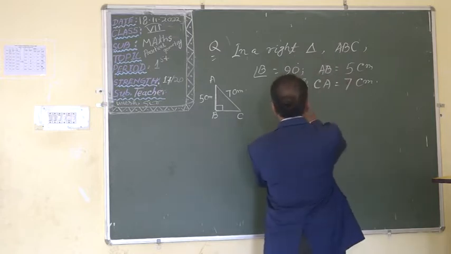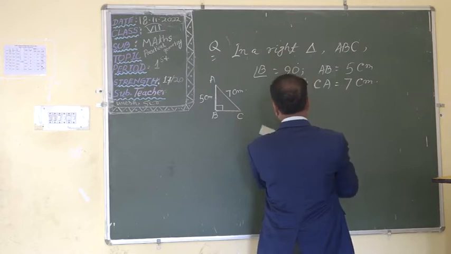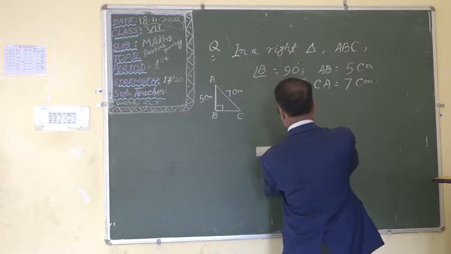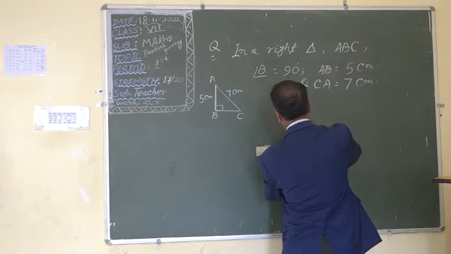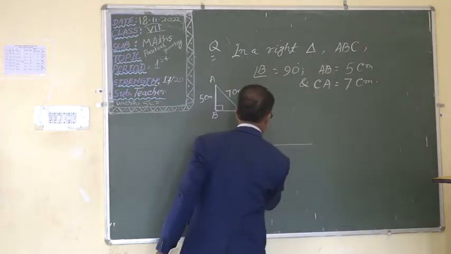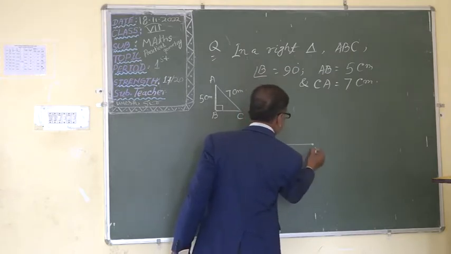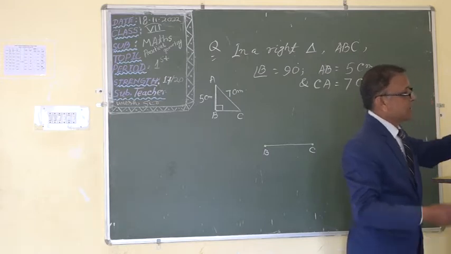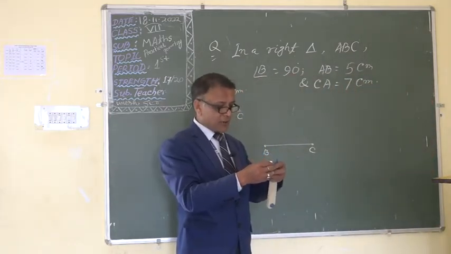So by using your scale, you take 5 centimeter length, measuring 5 centimeter. This is your base.